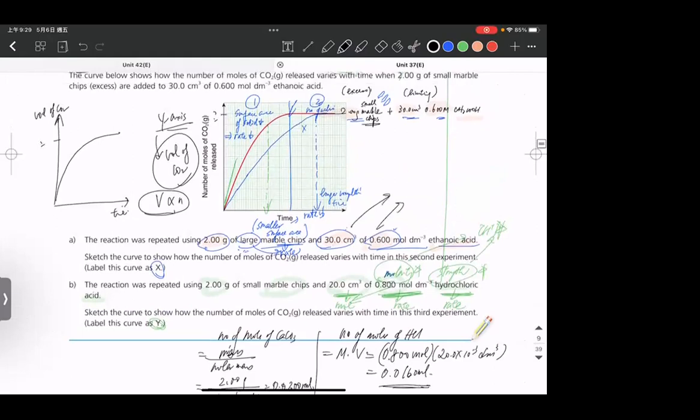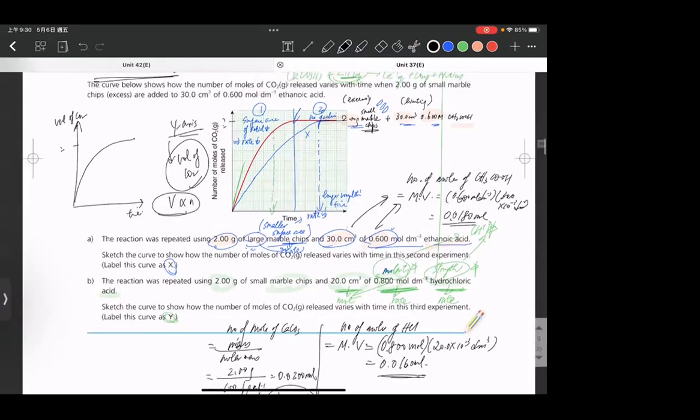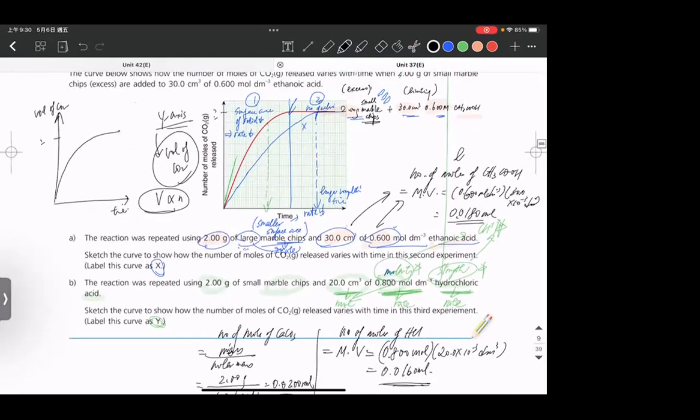You are going to calculate one more thing, the number of moles of ethanoic acid. So what is that? M times V, it is 0.600 molar times 30.0 times 10 to the power minus 3 dm cube, which is equal to 0.0180 mole. Can you get the point? So it is still limiting.